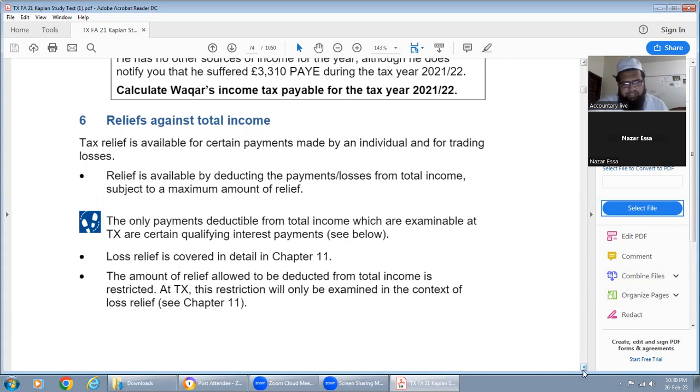The only payments deductible from total income which are examinable at Taxation are certain qualifying interest payments. Loss relief is covered in detail in Chapter 11. The amount of relief allowed to be deducted from total income is restricted. At Taxation, this restriction will only be examined in the context of loss relief.